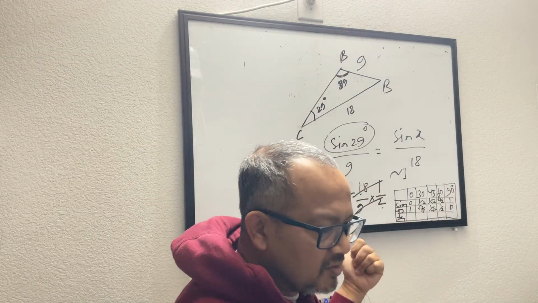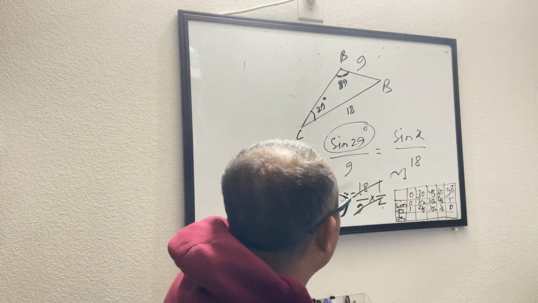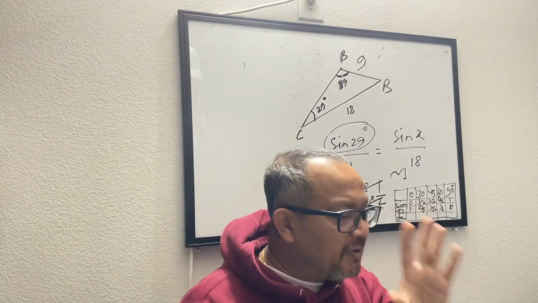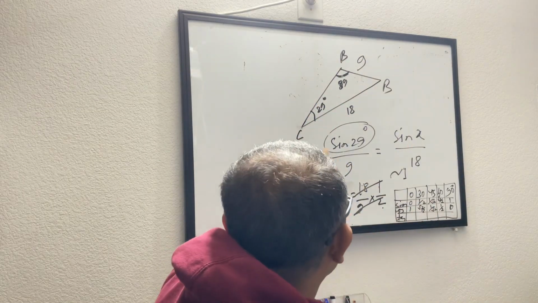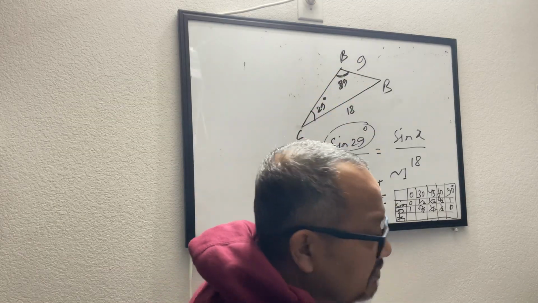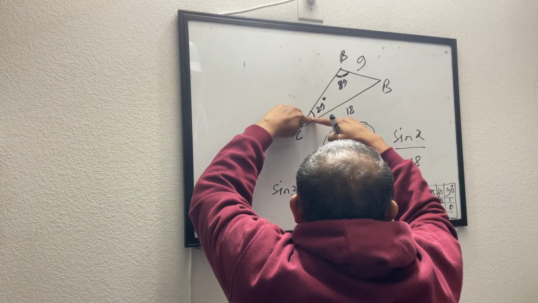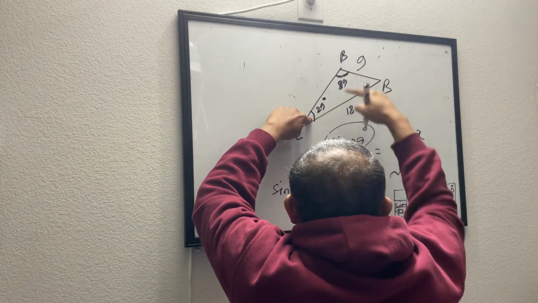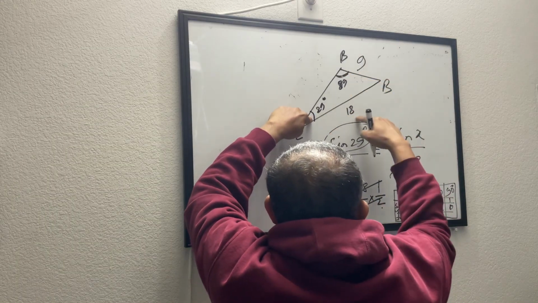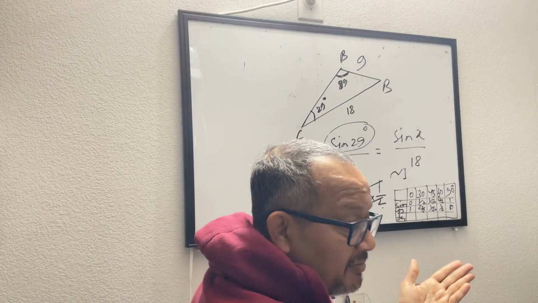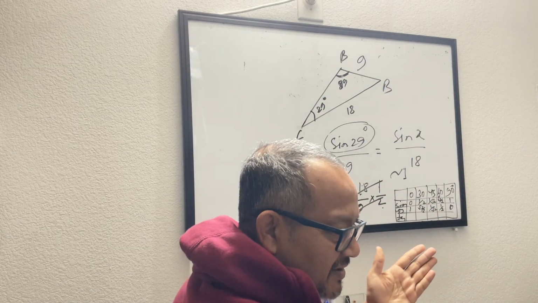The problem here is, if you're dealing with this kind of situation, the obvious temptation would be to say the sides and the angles are in the same proportion. The side opposite to this angle is 9, and the side opposite to this one is 18, so this will be just double of it. But no, it will not be that way.